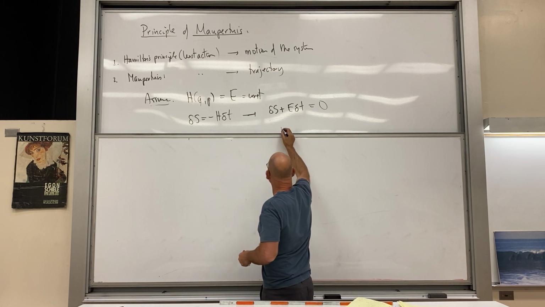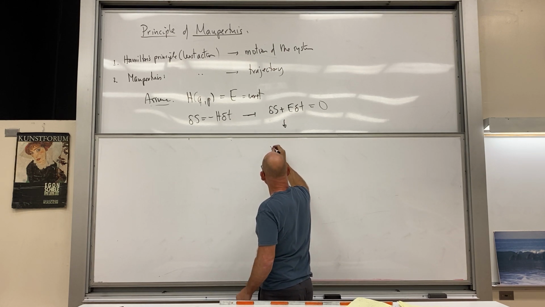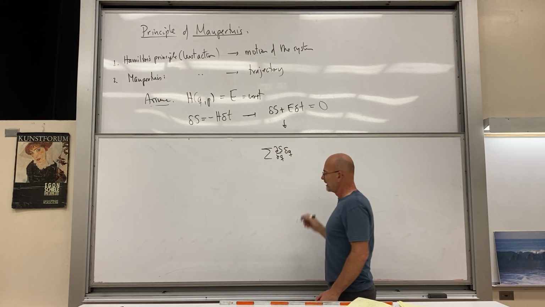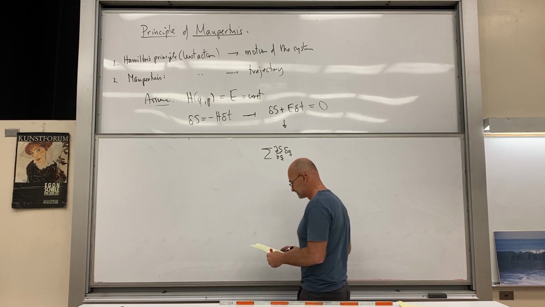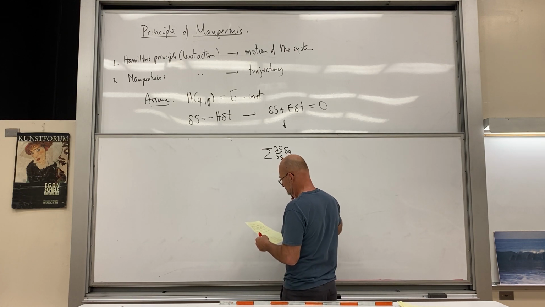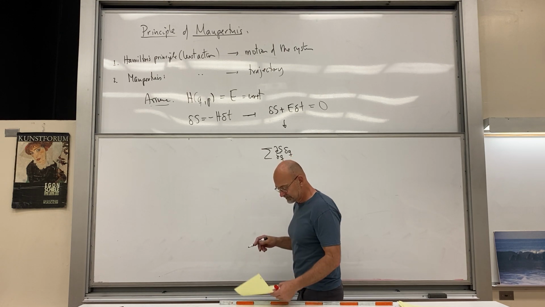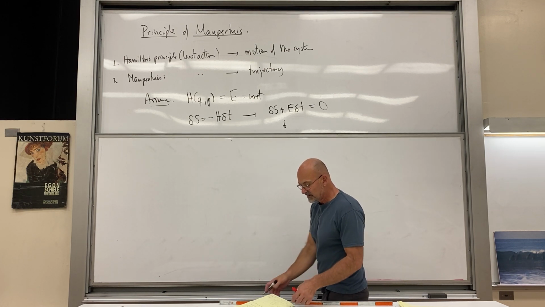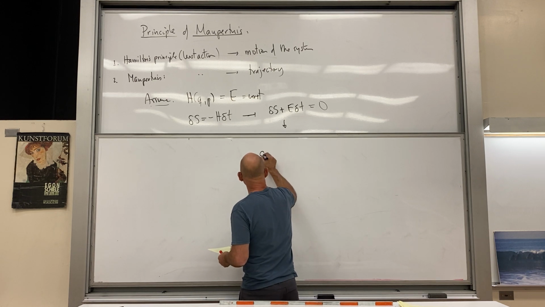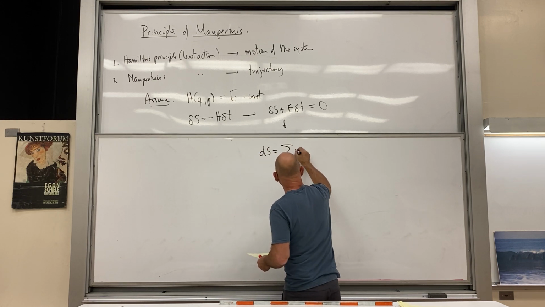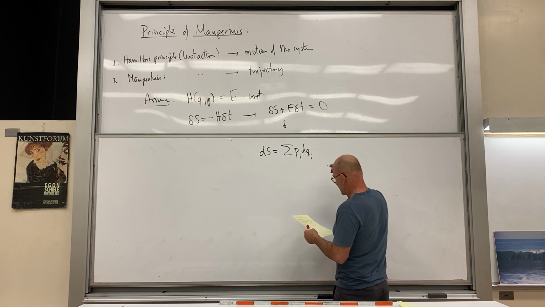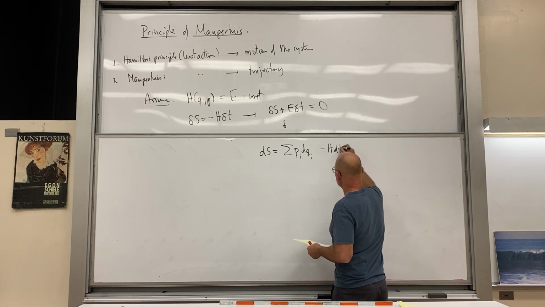So actually, let's do it this way. We already have the piece of i right there, so p sub i dq sub i. And then we have the minus H dt.